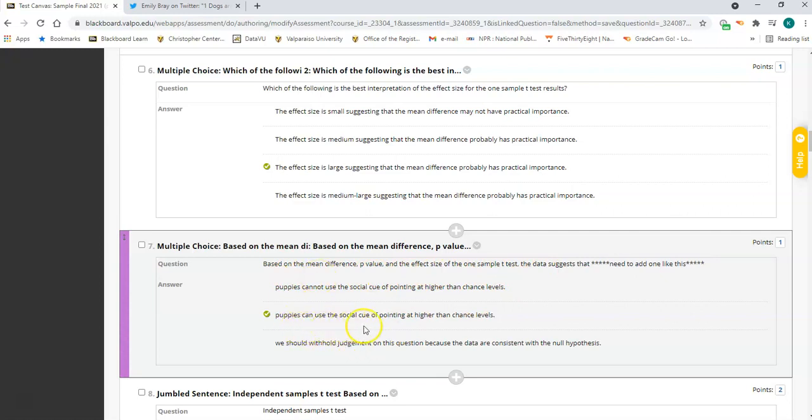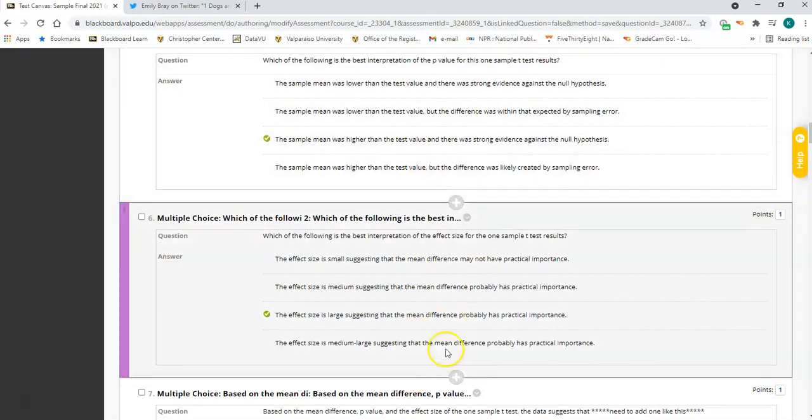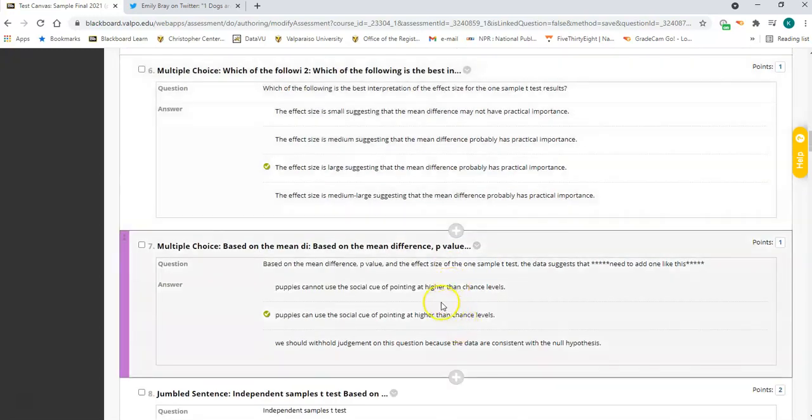Well, puppies can use the social cue of pointing higher than chance. There's very strong evidence for that. Why do I add this question? Because I think people sometimes just memorize these responses and they forget to think back about, okay, so what did I learn from this? Well, the researchers learned that puppies are pretty darn good, even at 8.5 weeks, at using the social cue of pointing. That's the whole reason they did this study.